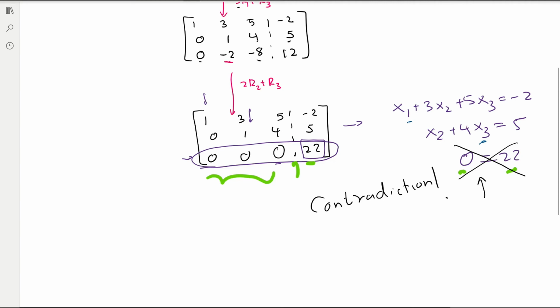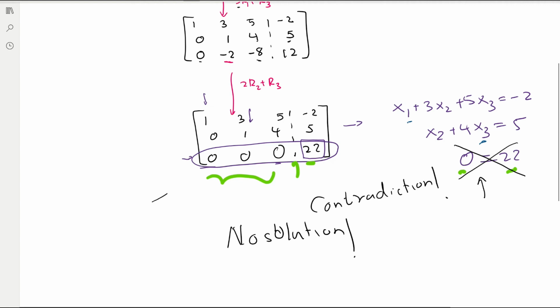So in this case, what this means is we have no solution. We have no solution for this system of equations. Remember, in the very first video of this video series, we learned that for a system of linear equations, it could be the case that there are no solutions. So how do we identify a case where we have no solutions through row echelon form?